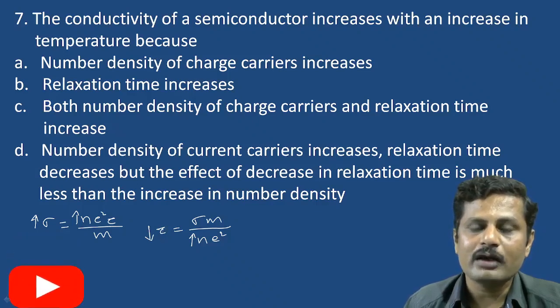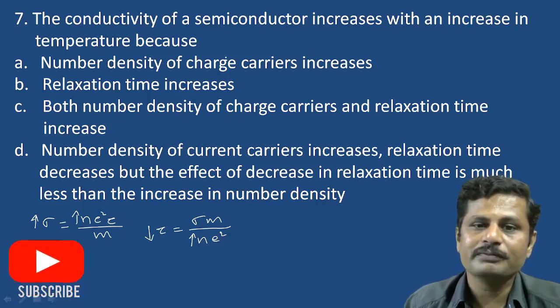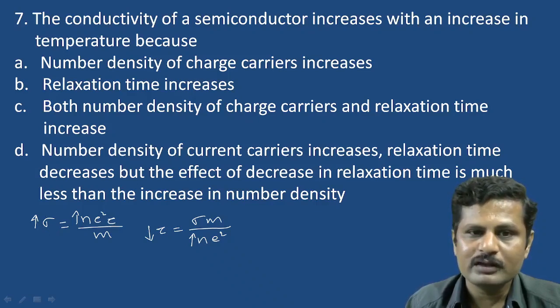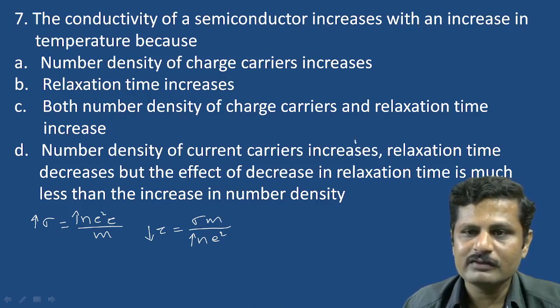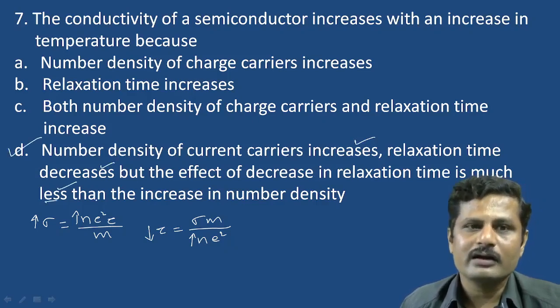But the conductivity of a semiconductor increases with increase in temperature because of the increase in number density; the decrease in the relaxation time will not affect the conductivity much. So the number density of charge carriers increases, relaxation time decreases, and the effect of decrease in relaxation time is much less. So option D would be the correct answer.